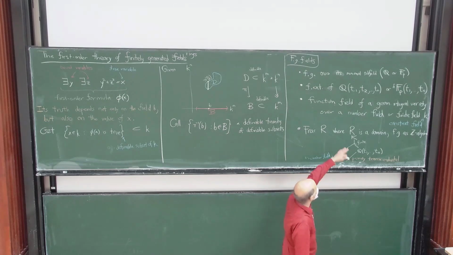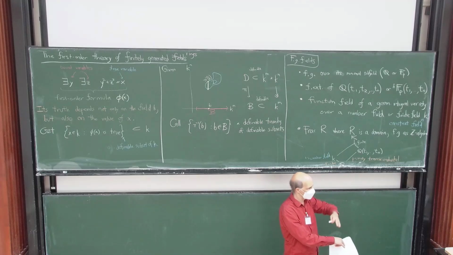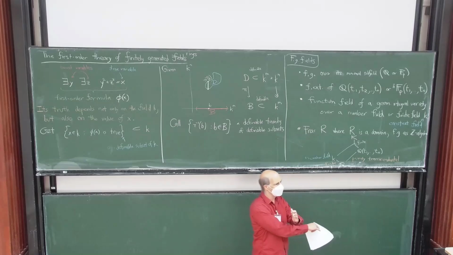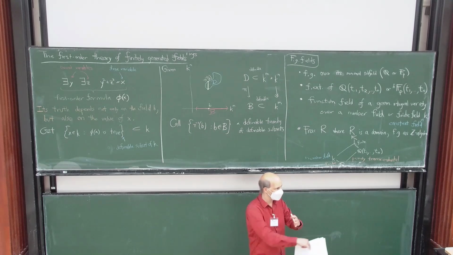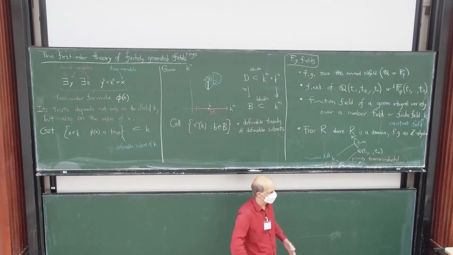And geometrically integral means that it stays that way even after doing a base change, even after doing a field extension. Because you can have a variety defined by x squared minus 2y squared equals 0 that's irreducible over Q, but when you look at it over a larger field extension, it decomposes into two lines.